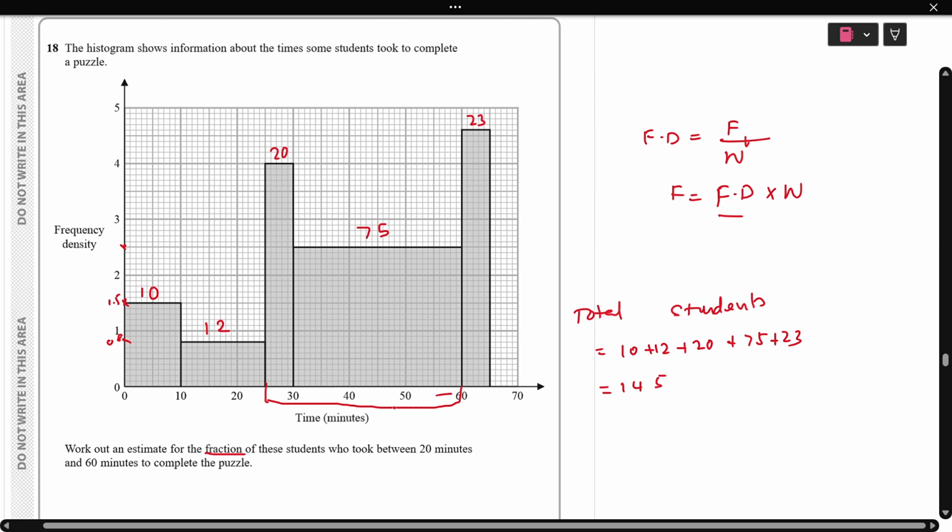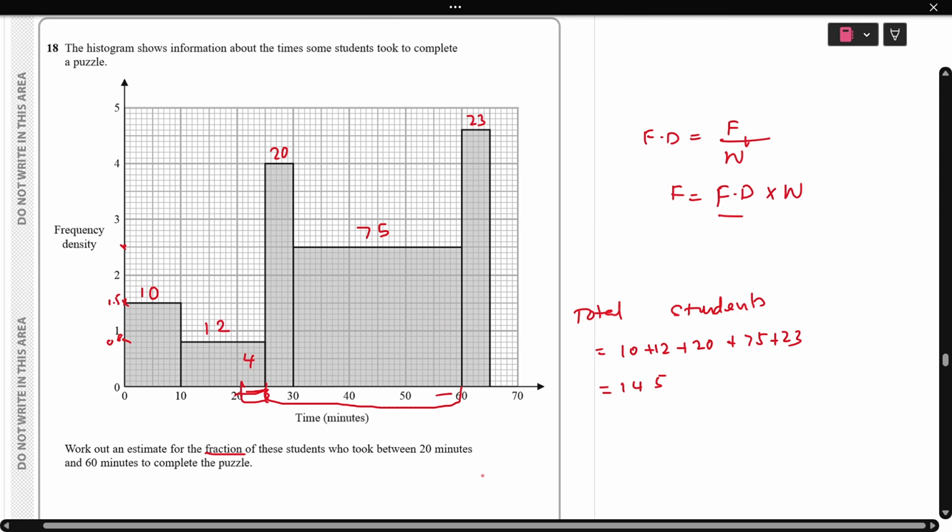Okay, the question they asked is the fraction between 20 to 60 minutes. We need to calculate this part as well. Here the interval is 5. 5 times 0.8 is 4 students.